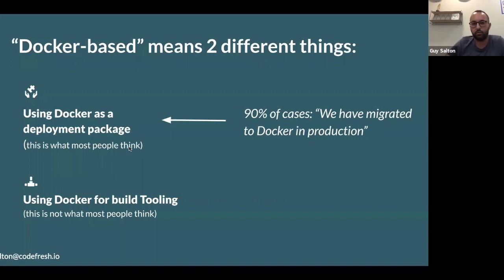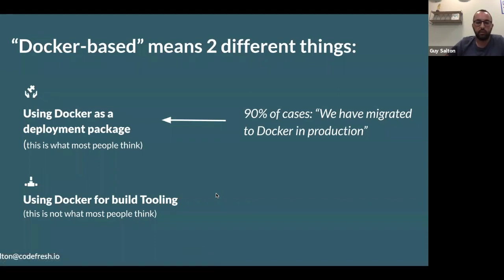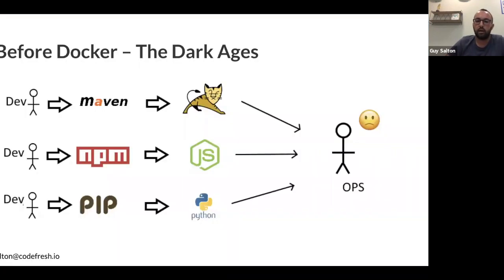The other meaning is using Docker for build tooling. That's not what most people think when they say that they use Docker in production, and this is actually what we're going to talk about today: Dockerizing your tools and then using them in CI pipelines.